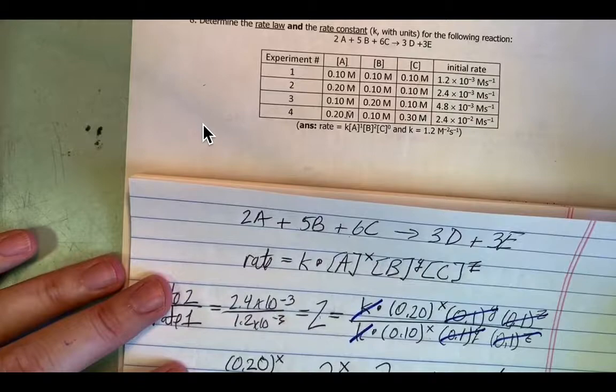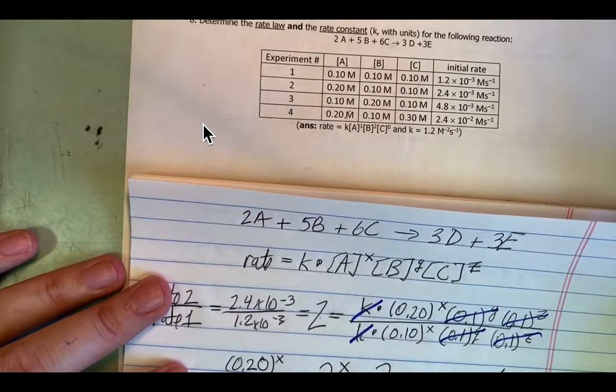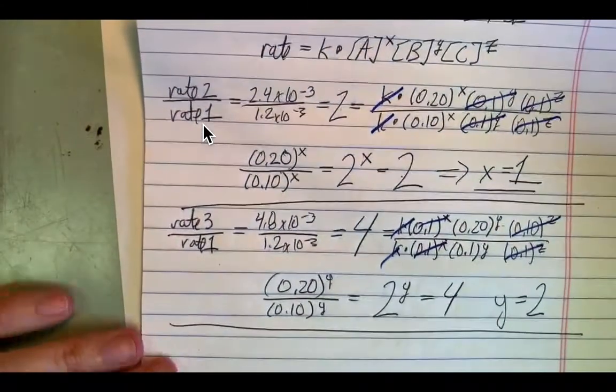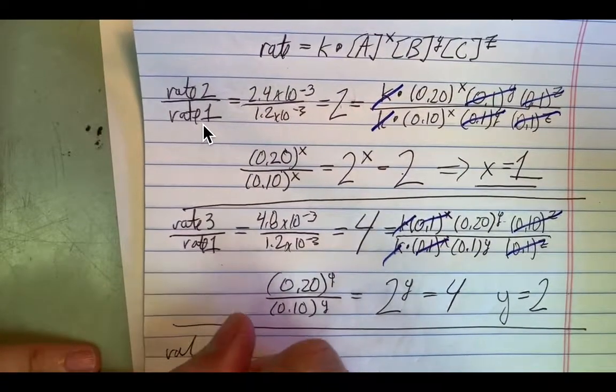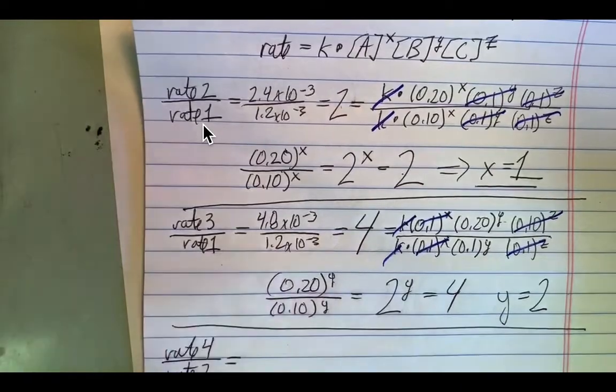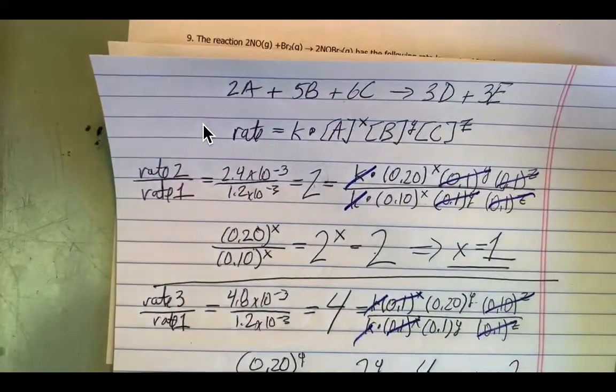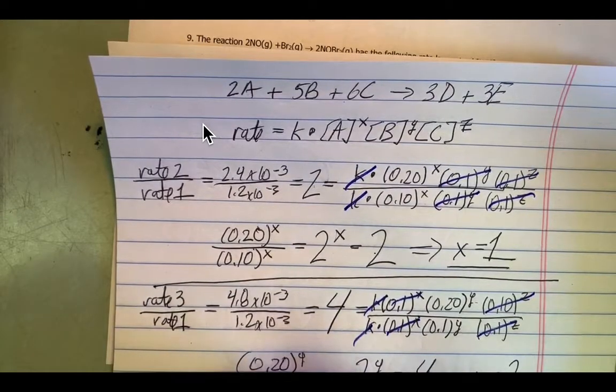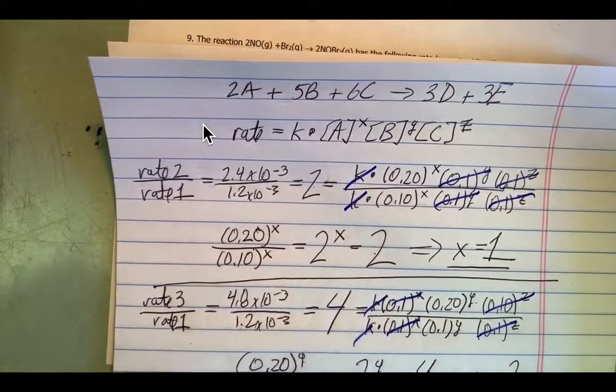All right, I'm going to divide rate 4 by rate 2. Pretty interesting here with the rates. So the same, so it's equal to 1.